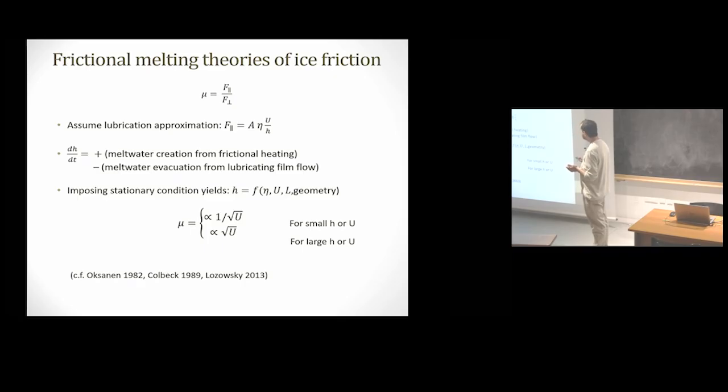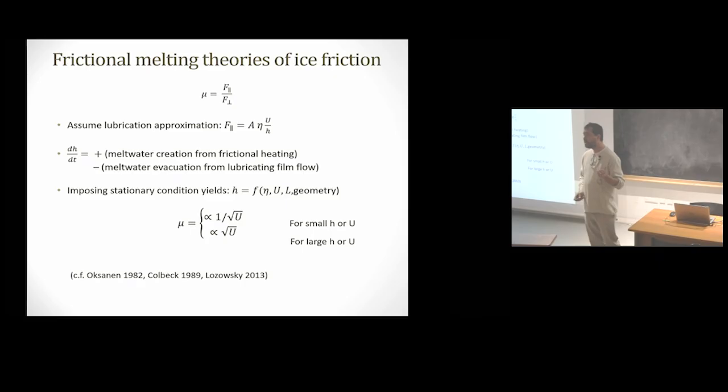It's viscosity times shear rate. And you assume that the shear rate will be just the ratio between the speed of sliding divided by the thickness of the lubrication layer. Okay? So that's a plain and simple rule. And then you just need to plug this here and put it there to get a theory of friction.